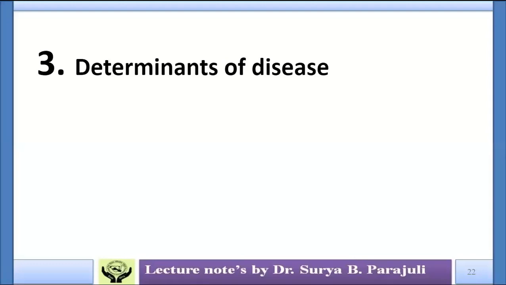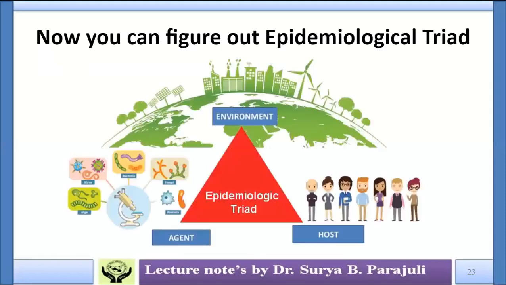So if you are suffering from dengue, there may be a possibility of water collection in your surrounding area or within your house. So you can identify what is the factor responsible for dengue in your home compared to other households or families. So now we can figure out the concept of the epidemiological triad in terms of time, place, and person distribution.